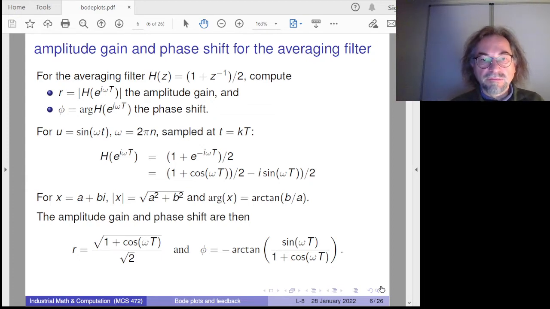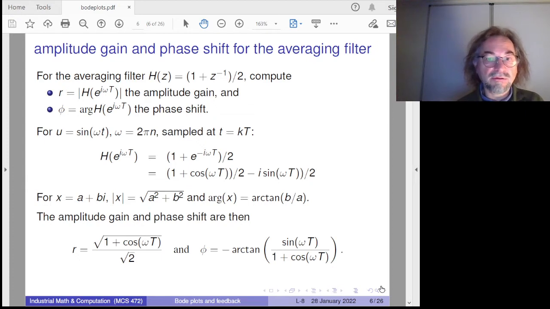We use the formulas that we know from the polar representation of complex numbers. They're actually mentioned here. For any complex number, the magnitude is the square root of the sum of the squares of the real and the imaginary parts.